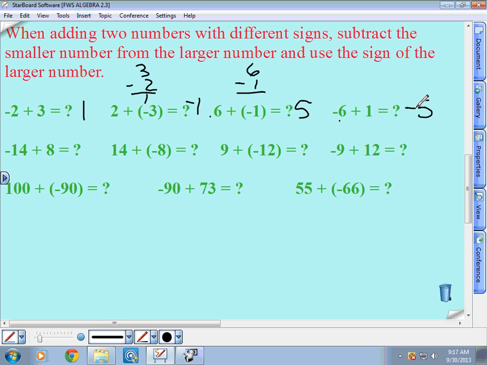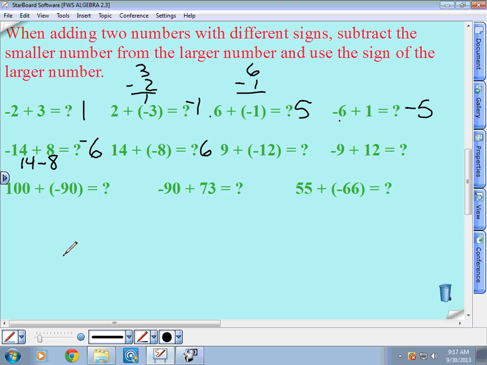Because 14 is the larger number, when I subtract 8, I get 6. And then the larger number is negative. I use the sign of the larger number. -6. Okay. Felix. 14 plus -8. +6. Good. 14 minus 8 is 6. The larger number is positive. The answer is 6.